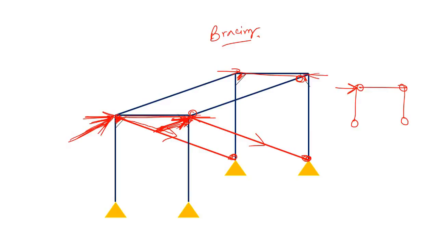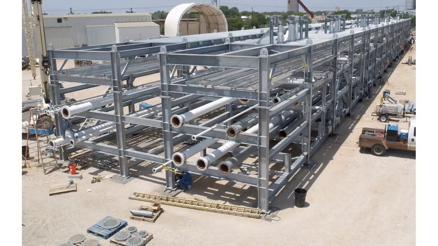Got it? So you can see that based on the axis, in this structure, this is the minor axis and this is the major axis.